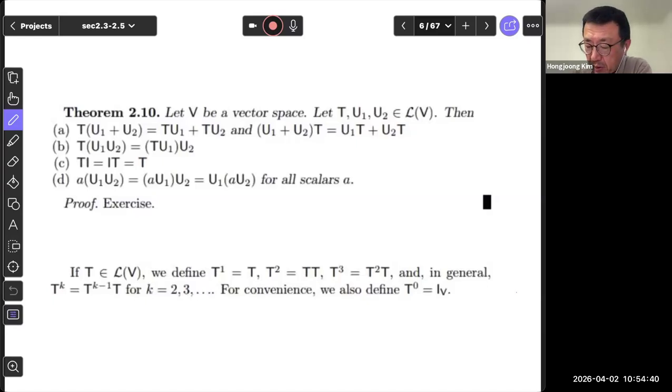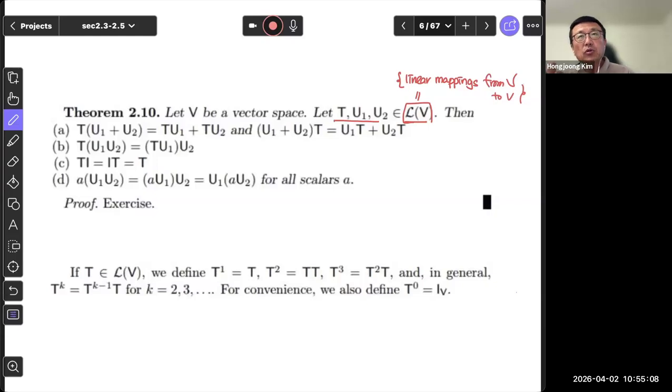Suppose that T, U1, U2 are linear mappings from V to V. Please remember that this symbol denotes the set of linear transformations from V to V.